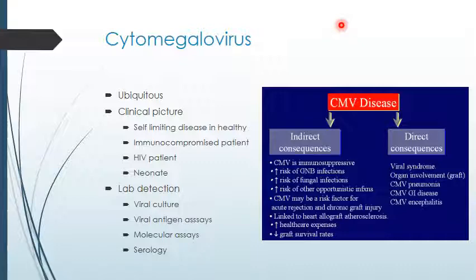There are proteins unique to CMV. There's a PP65 protein, which is a lower matrix protein that shows up in the peripheral blood. That is also another molecular test for speeding up detection of CMV, and it's done with either immunochemical or immunofluorescent staining.